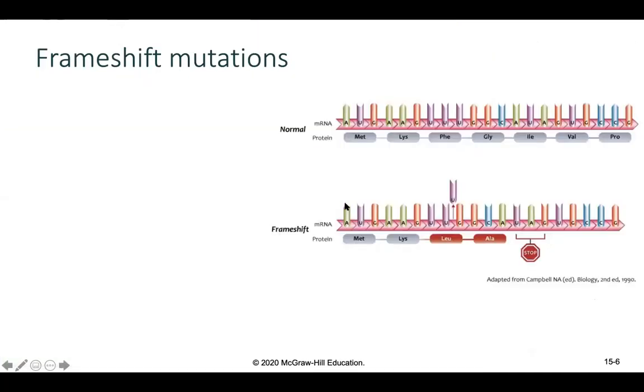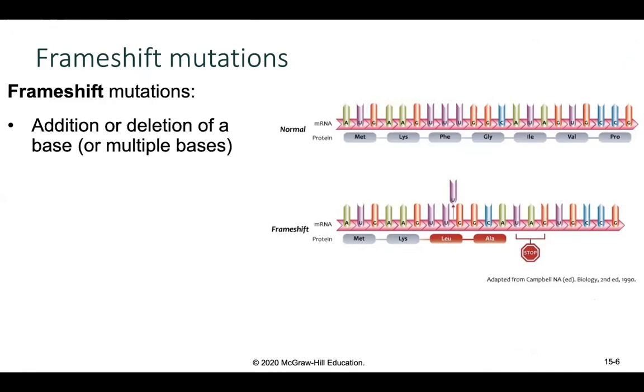All right, next we have not just point mutations, there are more significant mutations called frame shift mutations. What these do is essentially shift the entire reading frame during the translation process. So what does that mean?